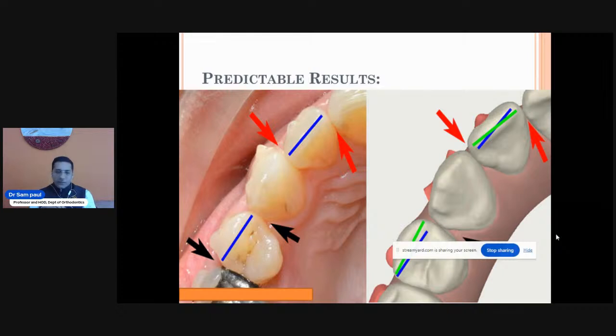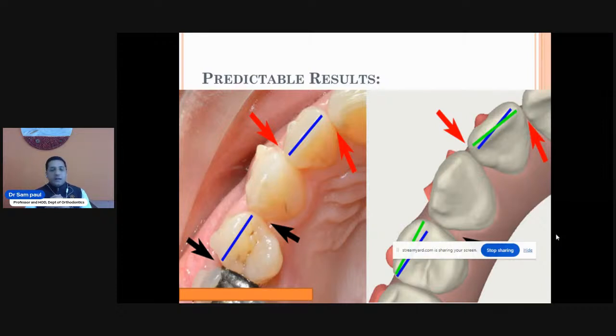But in the case of aligners, they are designed using advanced computer technology, allowing precise, predictable teeth movement. Everything is predicted prior to itself. How your teeth are going to be after the treatment, and you can virtually see how your teeth look after the treatment. You can see it, and if you have any modification, you can inform the orthodontist, I want this to be corrected, that to be corrected. You can tell prior to the beginning of the treatment.